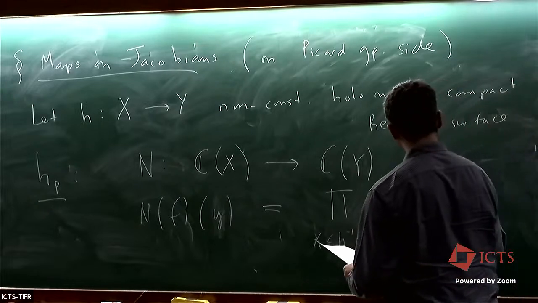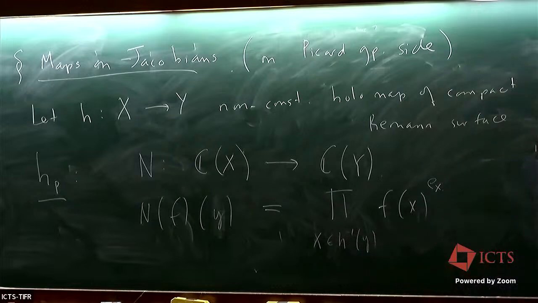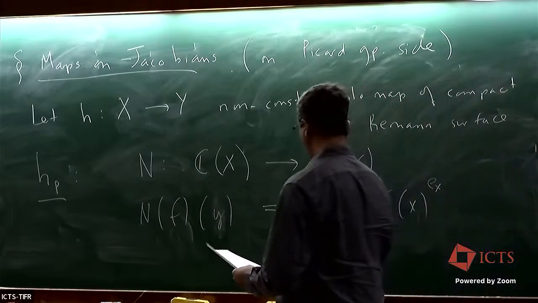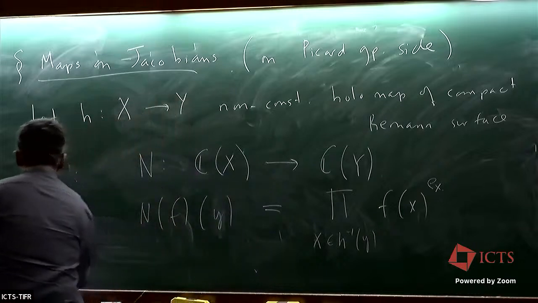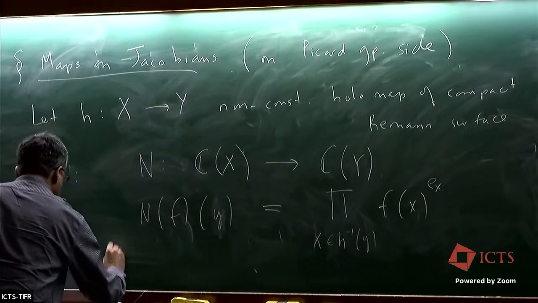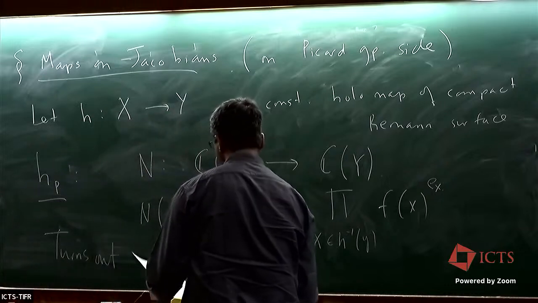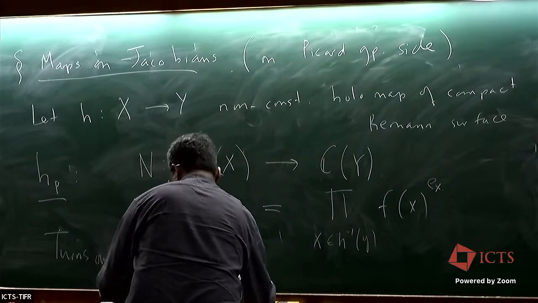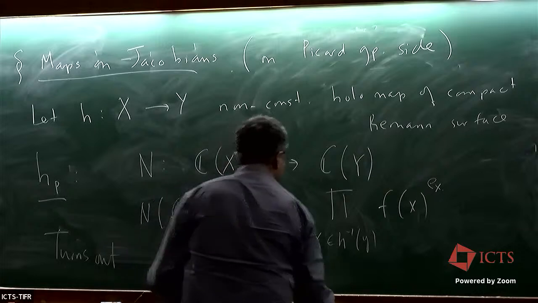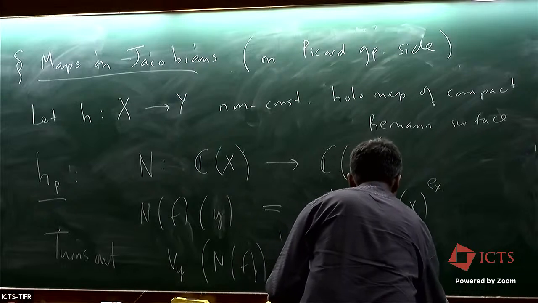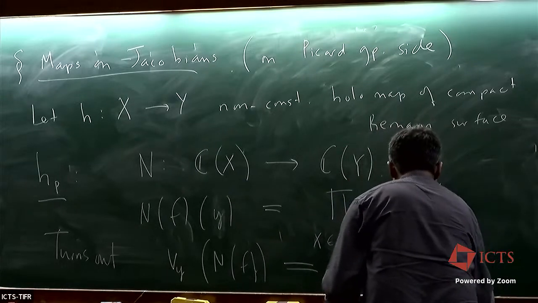As I said, there are sometimes these ramification indices, which are mostly 1, but if you want your formulas to work, then you need to put them in. Okay, so it turns out that we have the following nice formula. Let v_y be the order of vanishing at y. The norm of f: v_y of the norm is the sum over x belonging to h inverse of y of v_x of f.